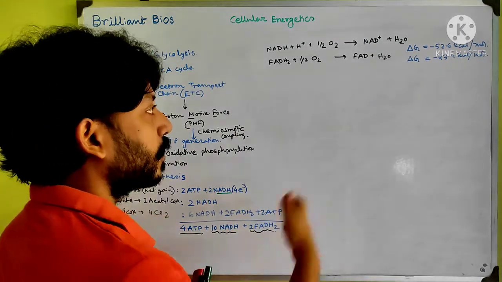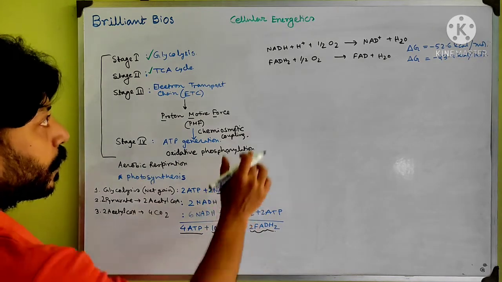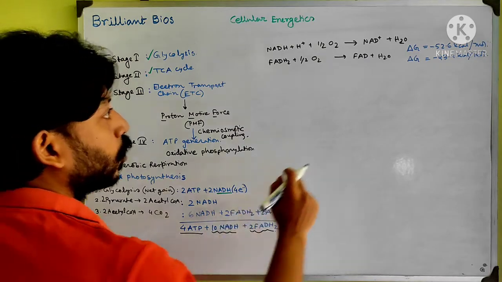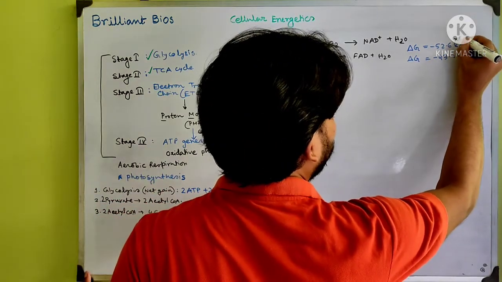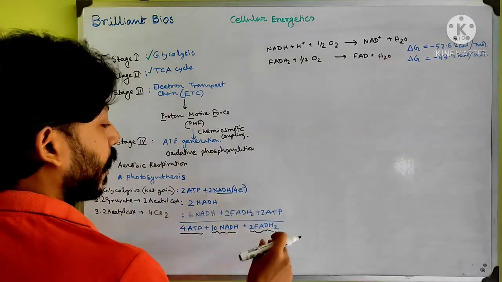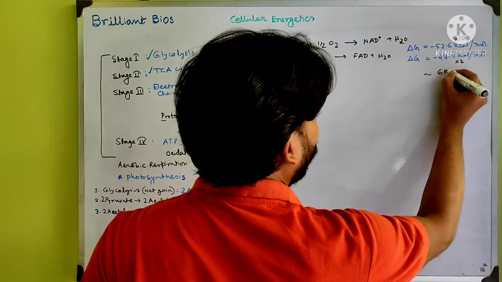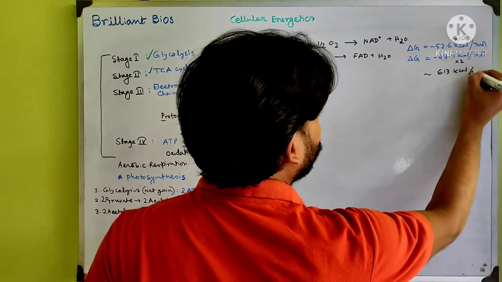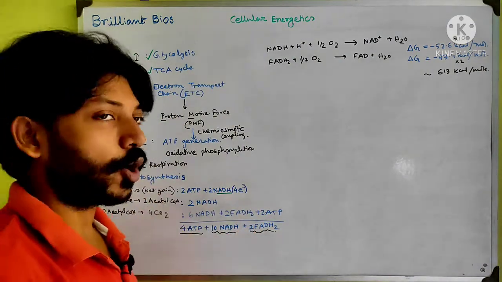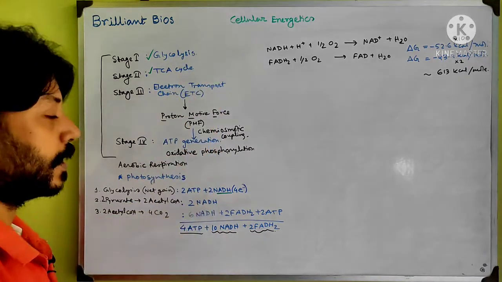So if we calculate the value of this reaction energy, there are 10 NADH molecules, so we will multiply this value by 10, and we will multiply the delta G value by 2. If you calculate, you will find that approximately 613 kilocalorie per mole of energy is released by the oxidation of these 2 molecules produced up to glycolysis and TCA cycle.